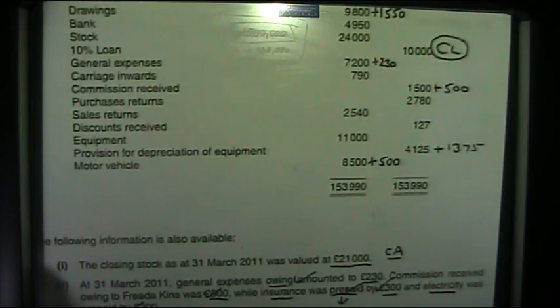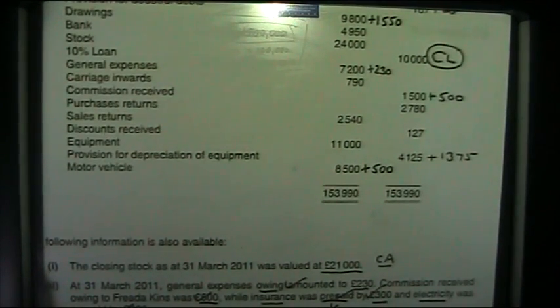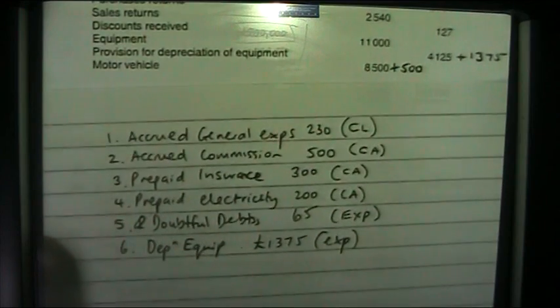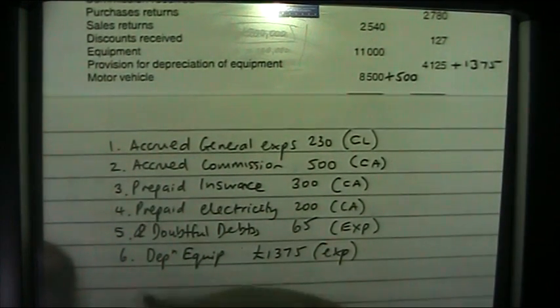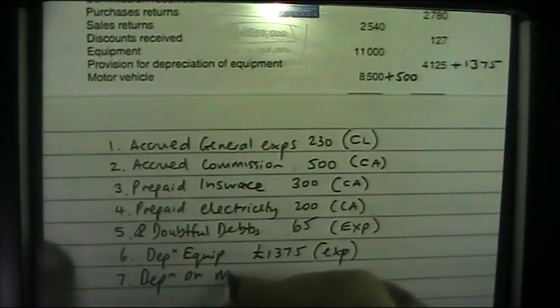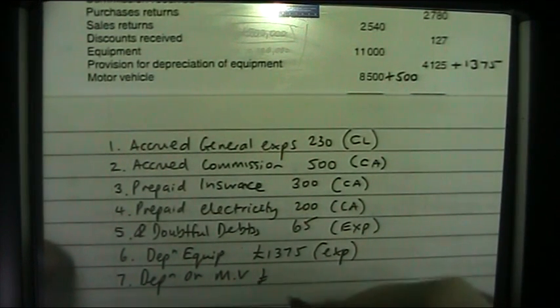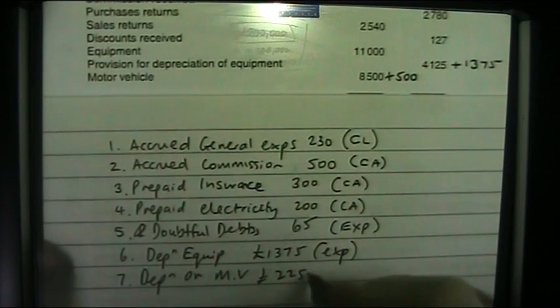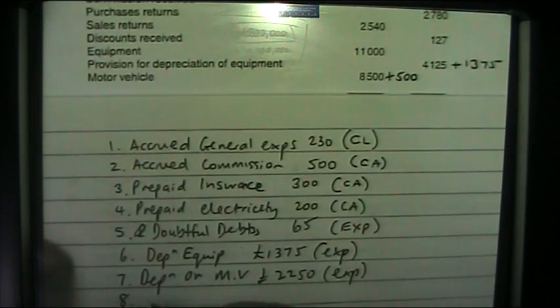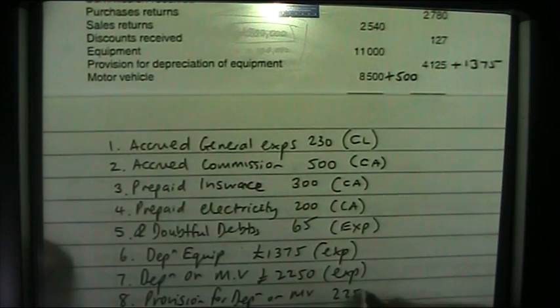So we need to create two new things. We're going to create depreciation on motor vehicle, and it was for 2,250. It's an expense. And then also we need to create a provision for depreciation on motor vehicle for 2,250.